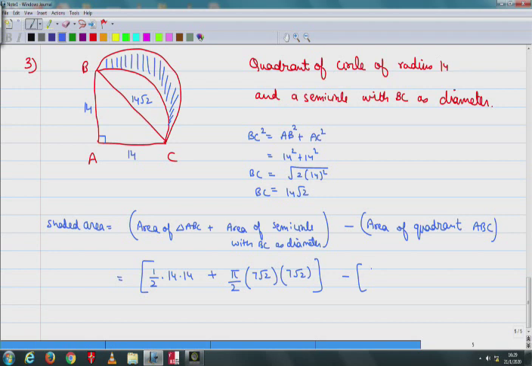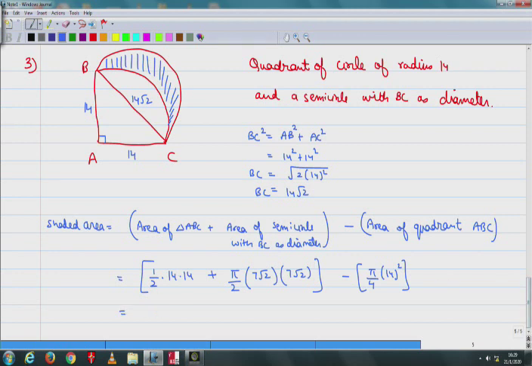Area of quadrant is 1/4 of a circle, so pi by 4. Radius is 14, so 14 square.